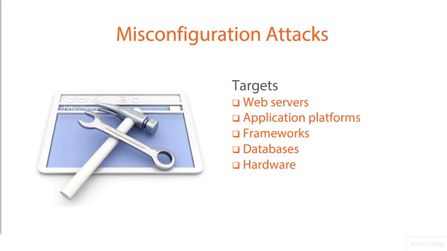A misconfiguration attack happens when, a lot of times just because they don't know any better, people deploy applications, OSs, and hardware devices. If somebody throws out an SQL database, there are default settings in play that, if you don't know what you're doing and you don't reconfigure, you end up creating some really good targets of opportunity.